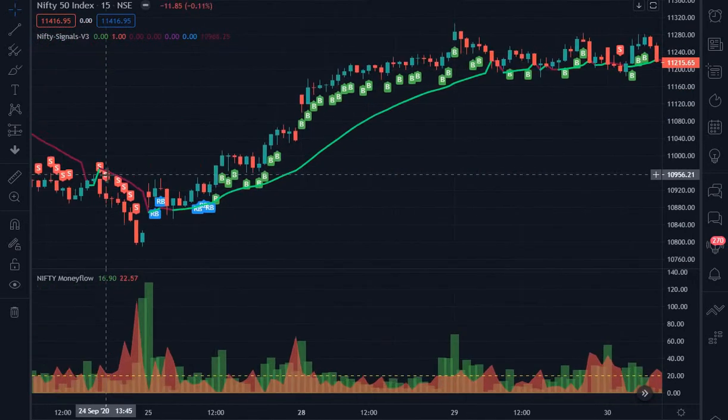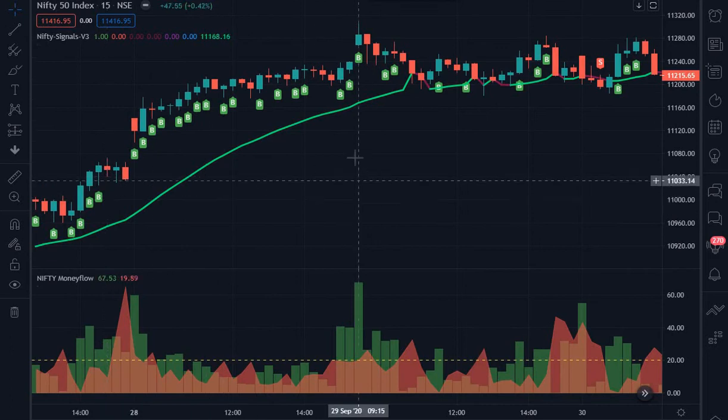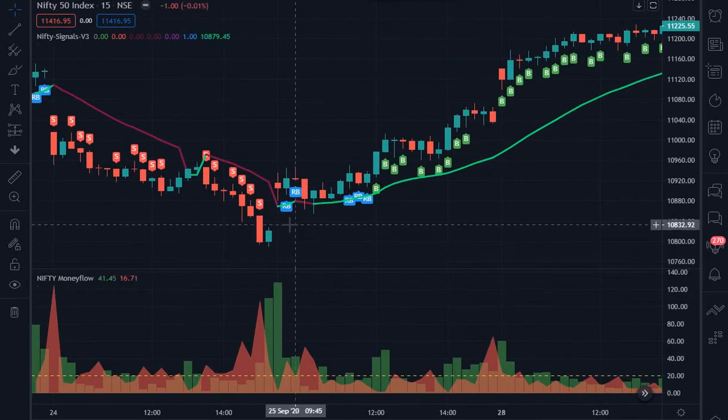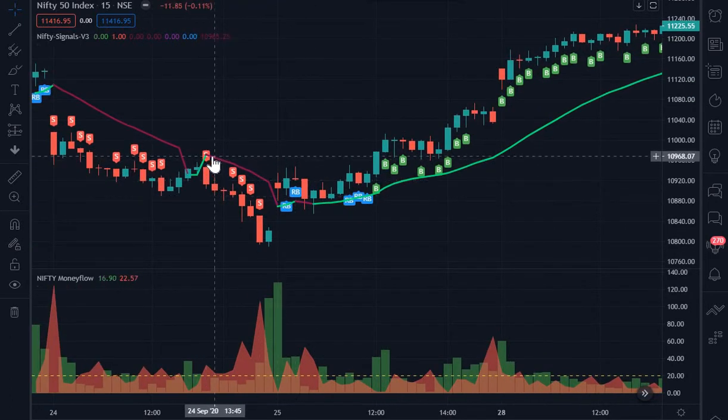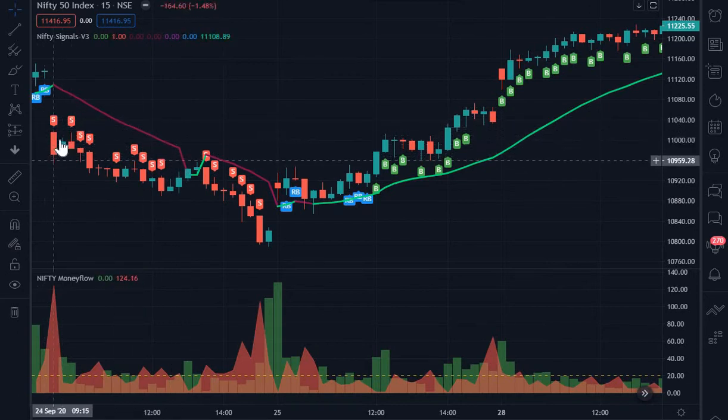Now let's understand what exactly the system tells us. As you can see easily, the system here is telling us that the trend is going down, so we should short this position, if any. And this is supported by the money flow as well. The money flow is on the short side.